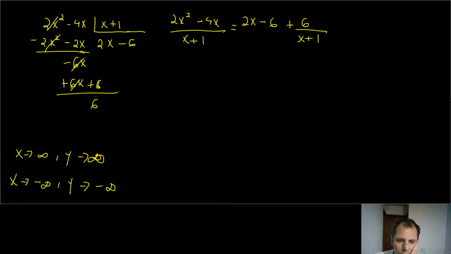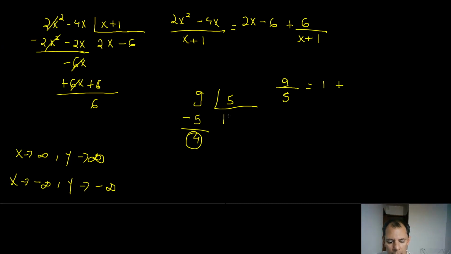For people that don't understand, you get the remainder and you divide it by the divisor. So you can visualize easily what I'm doing here. Look at this, 9 divided by 5. Everybody knows 1, right? That's 5 coming over here, minus 5, so you have a 4. This is the remainder. So 9 divided by 5 equals 1 plus 4 divided by 5.